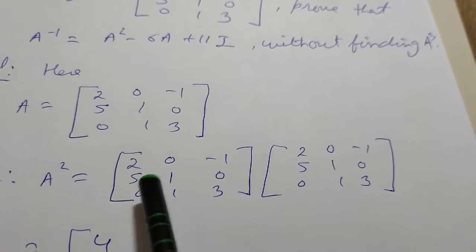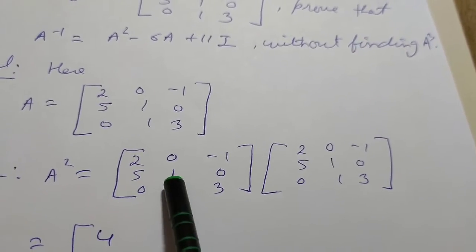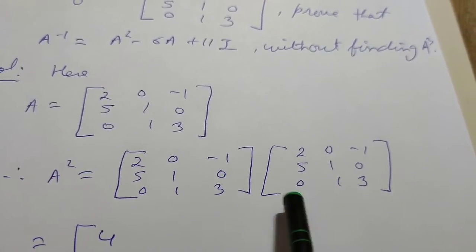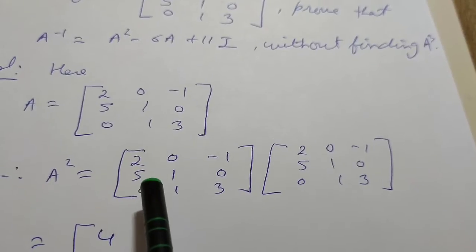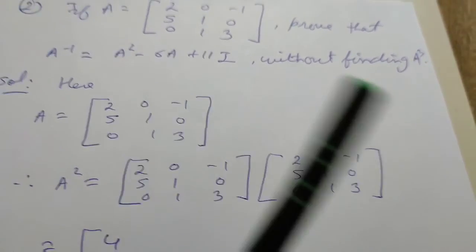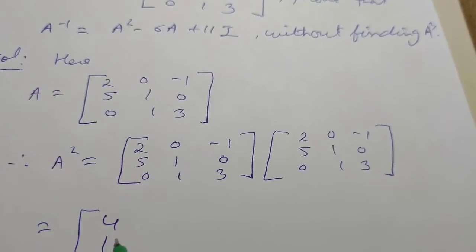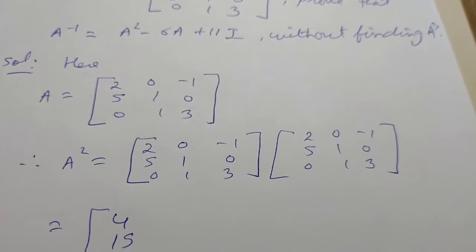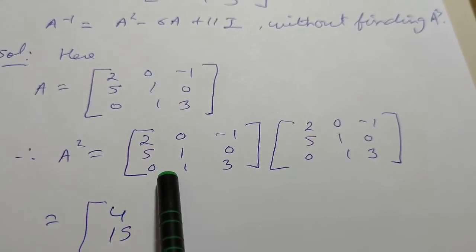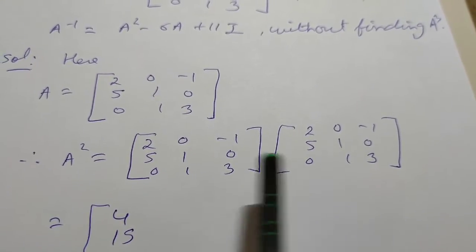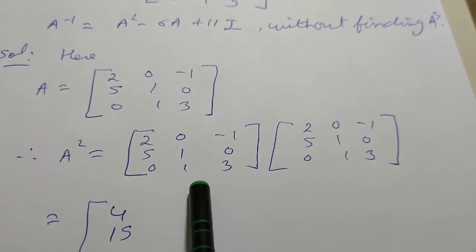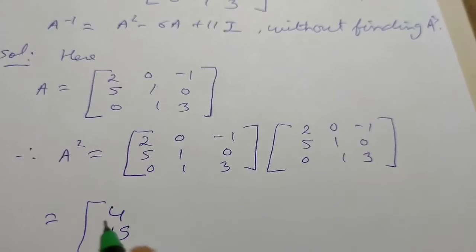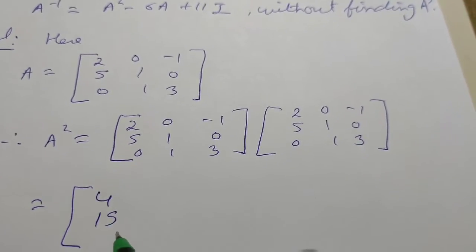So 5 into 2 is 10, 1 into 5 is 5 and 0 into 0 is 0. So 10 plus 5, that is 15. Then to get the third entry of column 1, we will multiply R3 with column 1. So 0 into 2 is 0, 1 into 5 is 5 and 3 into 0 is 0. So together we will get 5.